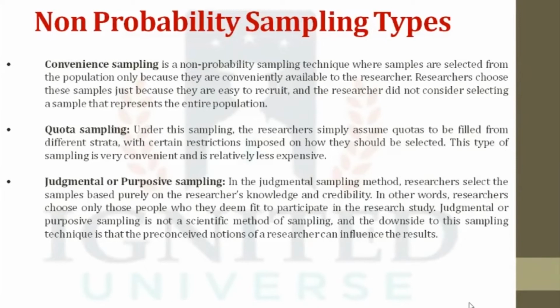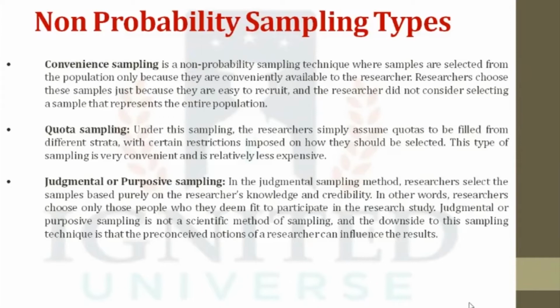Judgment or purposive sampling occurs when elements selected for the samples are chosen by the judgment of the researchers. Researchers often believe that they can obtain a representative sample by using sound judgment, which will result in saving time and money. So, researchers choose only those people whom they deem fit to participate in the research study.